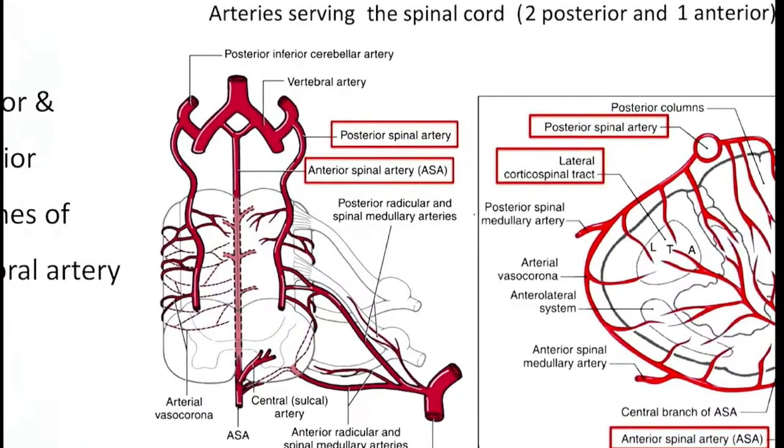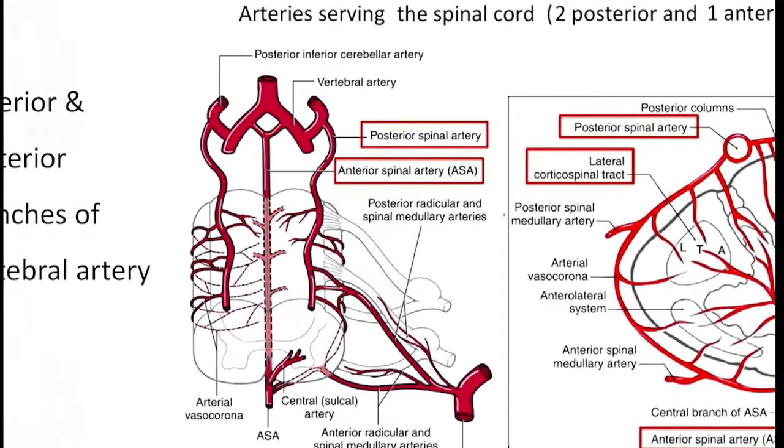See, basically, you can see over here. These are the ones which I am drawing in blue. They are the vertebral artery. Now the vertebral artery is going to have branches, right? There is a posterior inferior cerebral artery, correct?